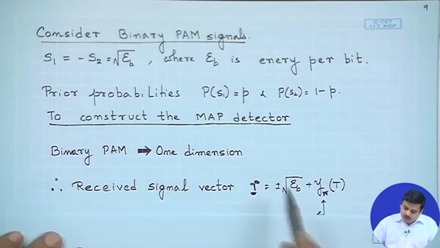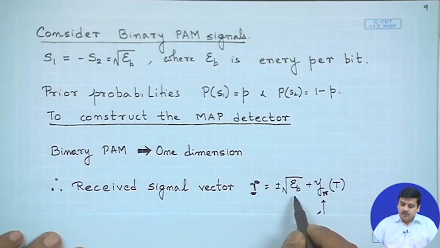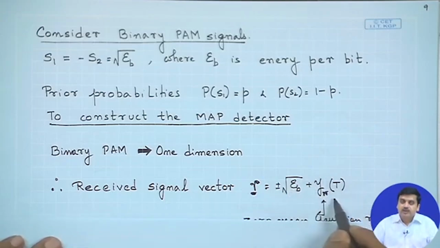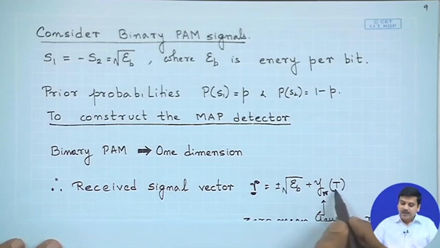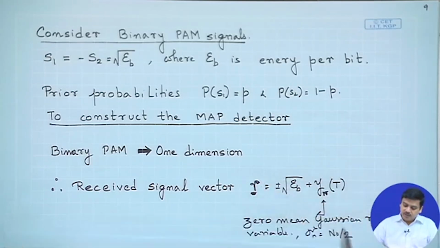So, when we have the received signal as either plus or minus root EB, that means S1 or S2, and there is the noise component. This is the outcome of the matched filter at the end of the sampling time T. So, this is the received signal vector. The noise part we have already seen, it is zero mean with the variance of N naught by 2 in our earlier discussions.